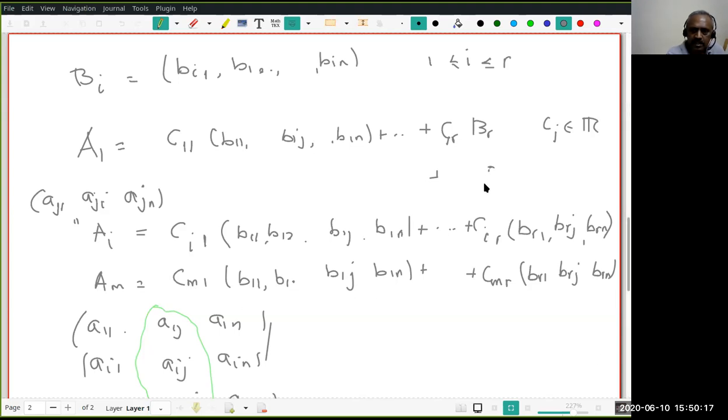And similarly here, the general thing will be c_ir b_rj, c_mr b_rj.